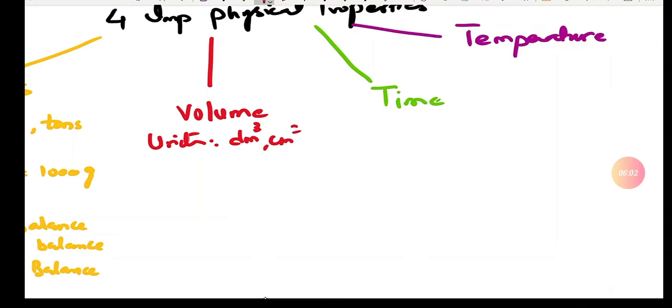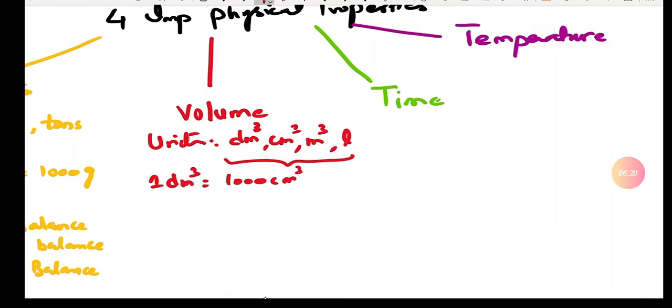You may also come across cm cube, meter cube, and liter as well. One important conversion regarding volume is 1 dm cube equals 1000 cm cube, and it equals 1 liter.